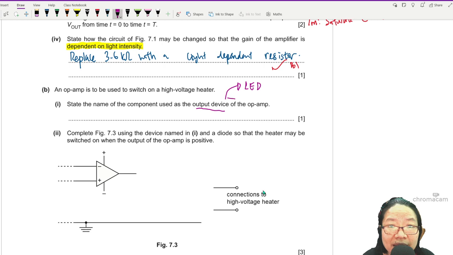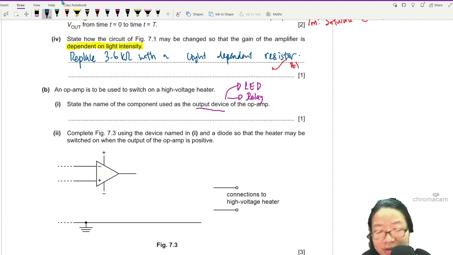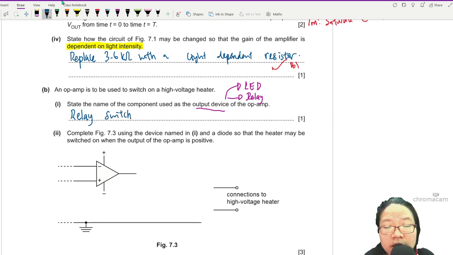There is the relay, which is what we use to turn on another circuit. So the component that we will use is a relay switch. And the third one that they can connect an output of the op-amp to is some form of a voltmeter.